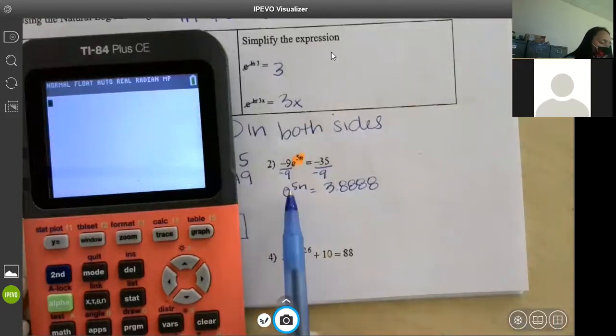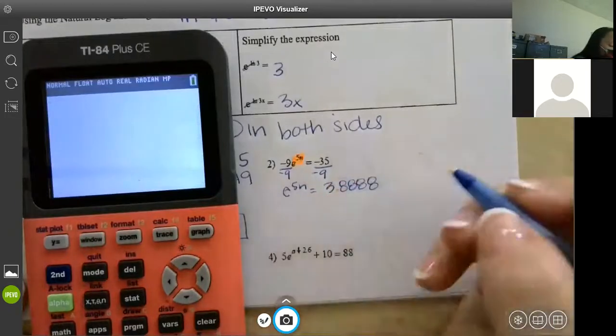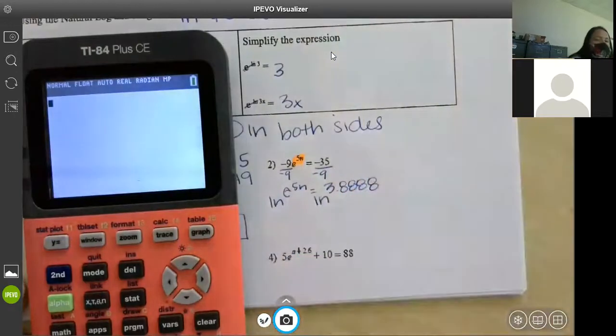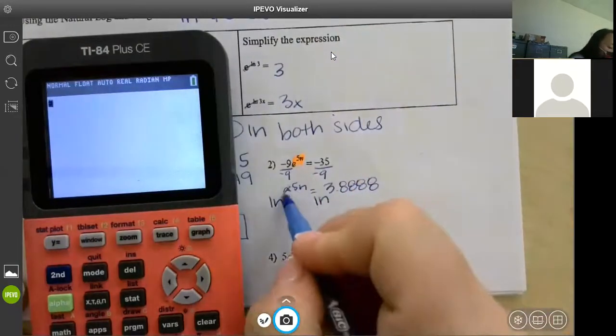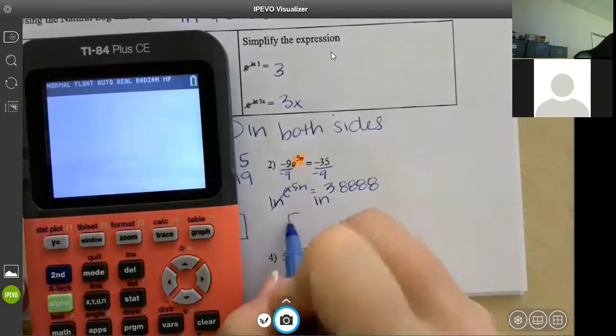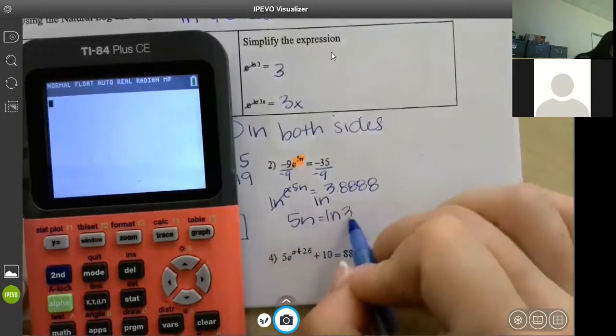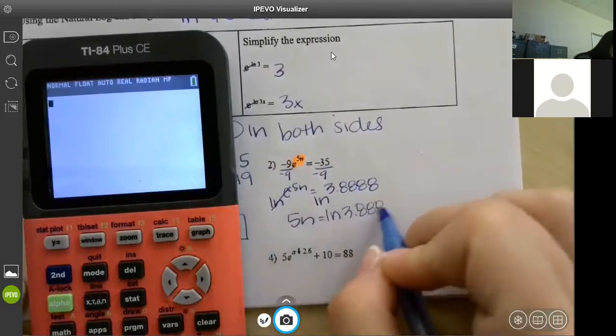Okay. How do I get rid of e now that it's by itself? ln. So ln both sides. What I do to one side, I have to do to the other. The reason we do that is to cancel out the e. So we get 5n equals ln 3.8888.